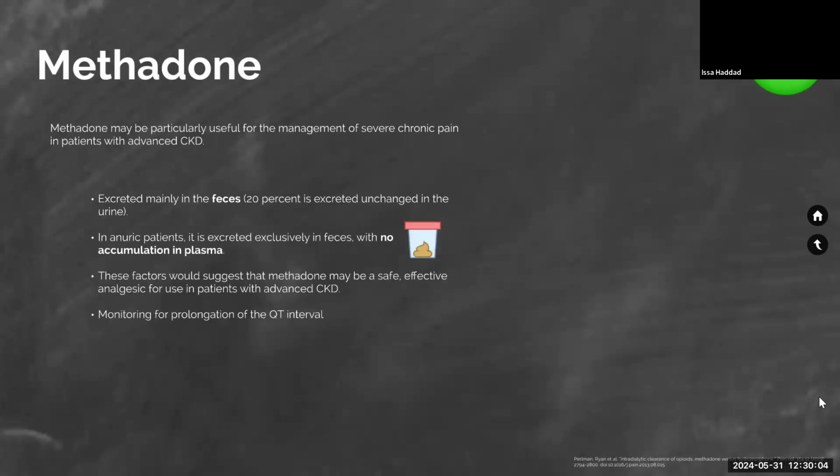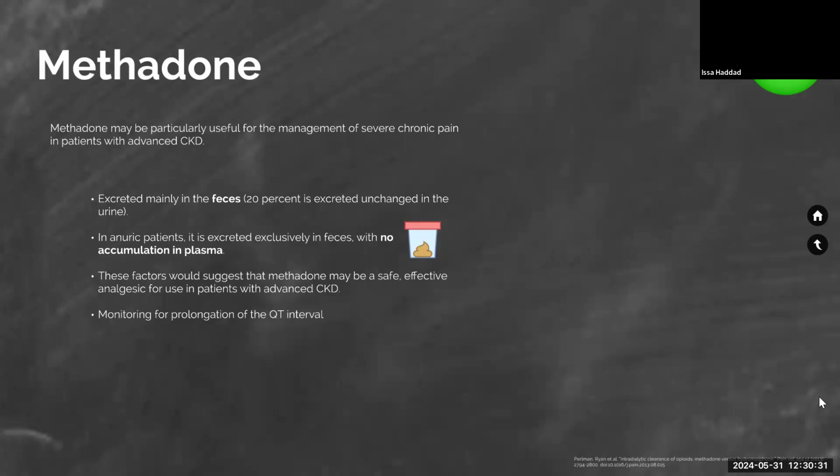Why? Because it doesn't depend on the kidneys to be excreted. It actually depends on the GI system. It's excreted mainly in the feces, and only 20% is excreted unchanged in the urine. So dialysis patients who are anuric really do not accumulate methadone in their blood because it gets exclusively out through the feces.